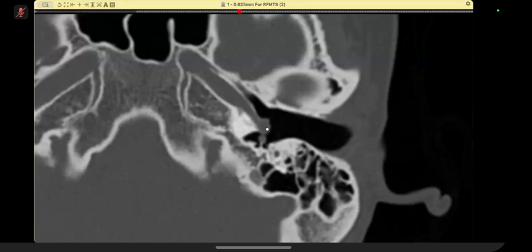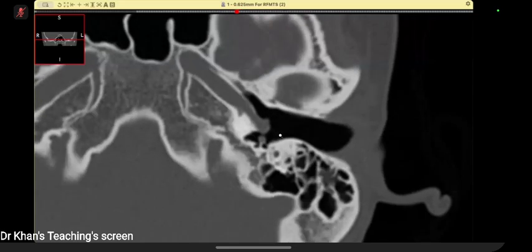Now, suppose you are a surgeon and you have to do surgery here. What will happen? If you go in, you might find a reddish type of tympanic membrane and you think something is happening. And if you go in and you nick it, it will be a disaster. So that is the importance.